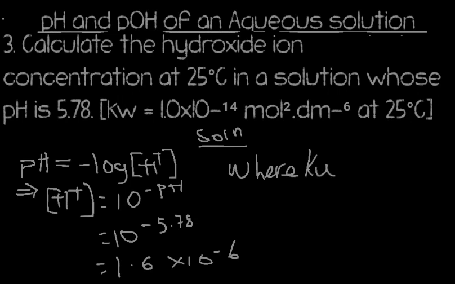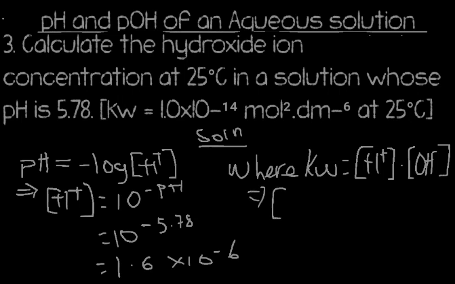Kw, that's the ionic product of water, is the product of the H plus ion and the OH minus ion. That's the ions forming the water. So let's go on. OH minus concentration will be equal to Kw over the hydrogen ion concentration.